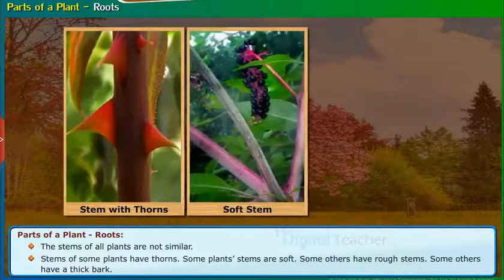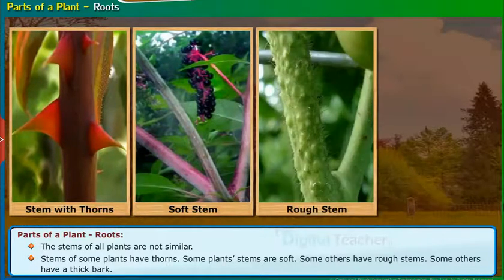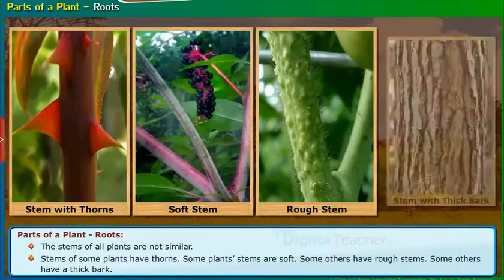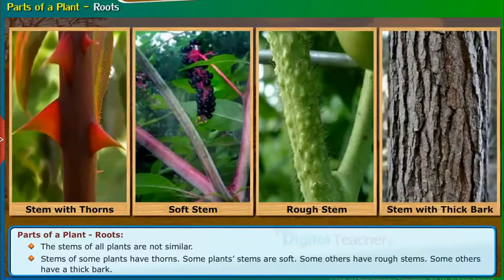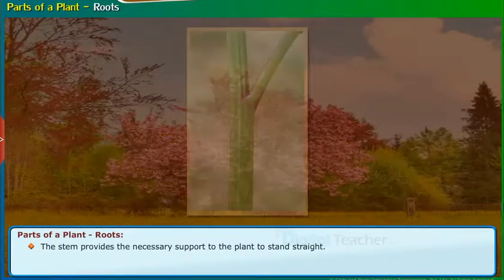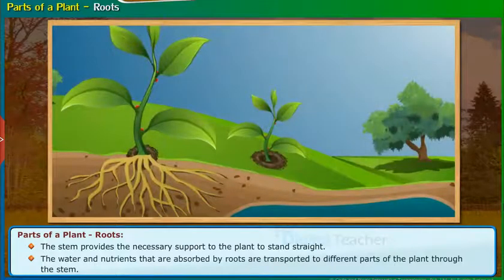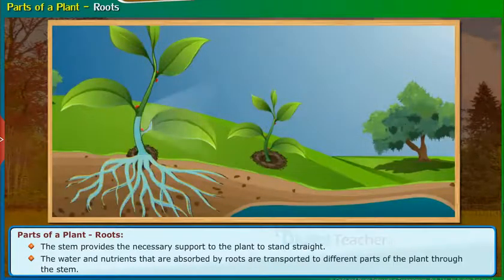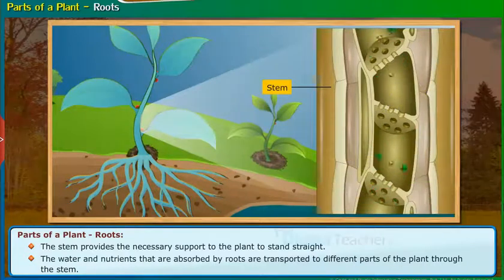Some plants' stems are soft. Some others have rough stems. Some others have a thick bark. The stem provides the necessary support to the plant to stand straight. The water and nutrients that are absorbed by roots are transported to different parts of the plant through the stem.